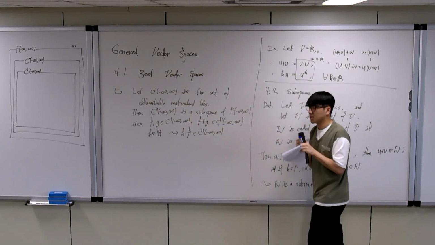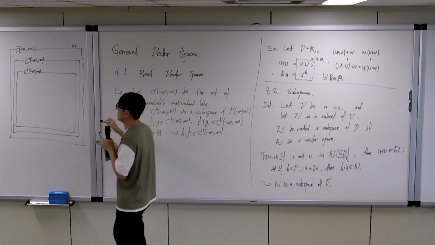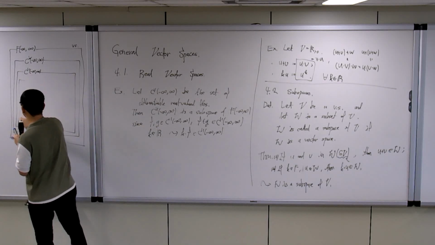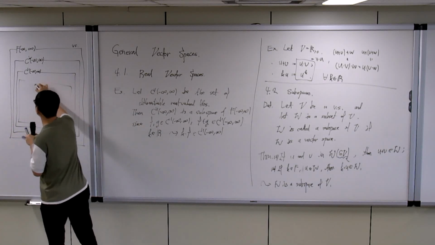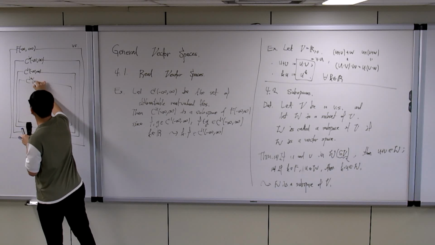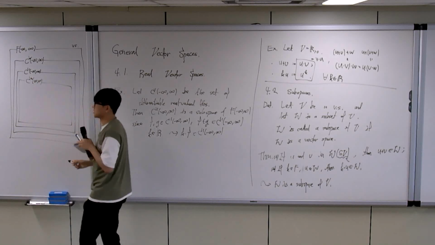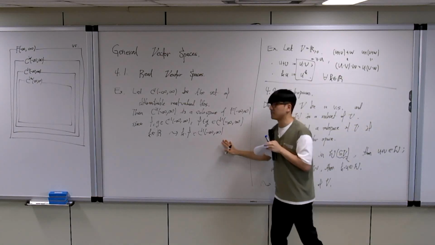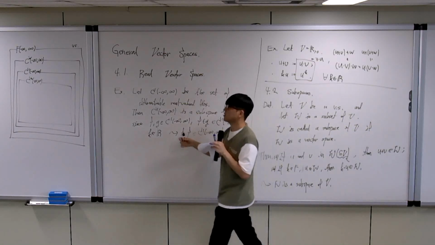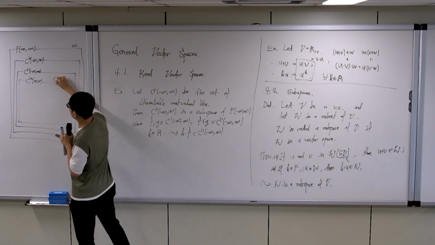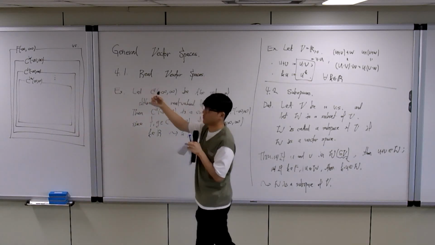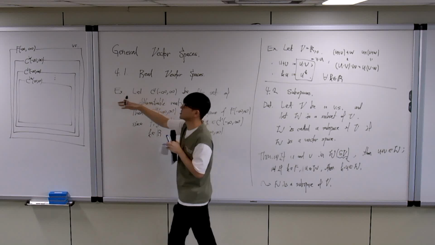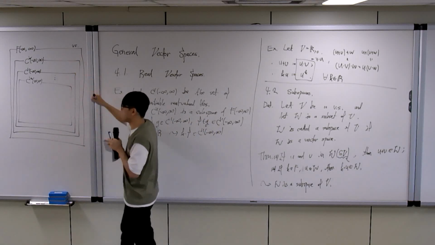Then you might think, if you differentiate n times, then it can also be a vector space in the same sense, a subvector space of C1 and of the function space F.